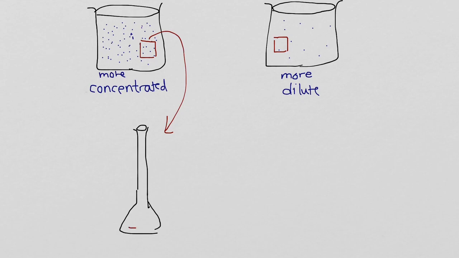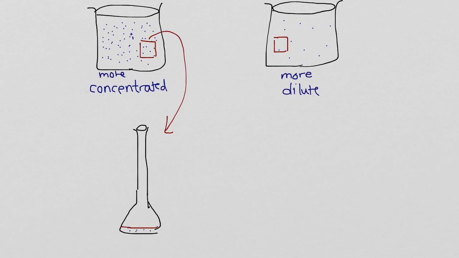So it might only be around this much. And inside, I'm going to use the exact same amount. So 1, 2, 3, 4, 5, 6. So at this point, it's still the same concentration.